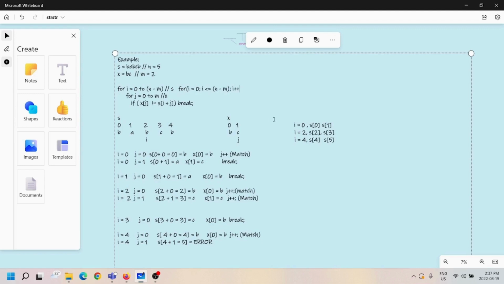Why? Because here you see when we were at location third, and for an instance, if we imagine that this match happened here, just imagine that if we had C and C at these places, at this position, then we would have incremented J. And what is our idea?